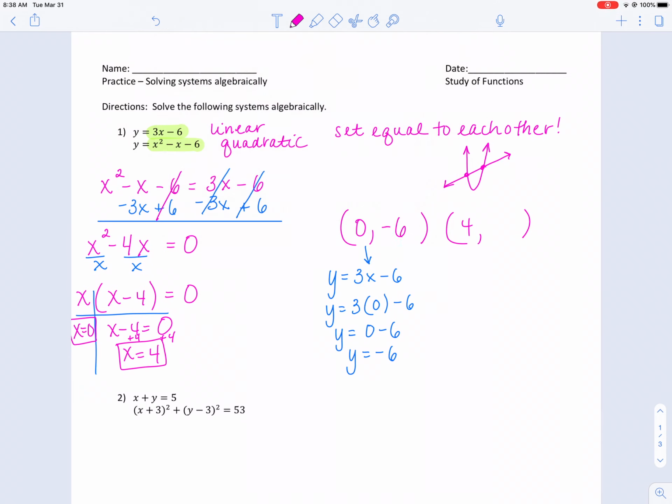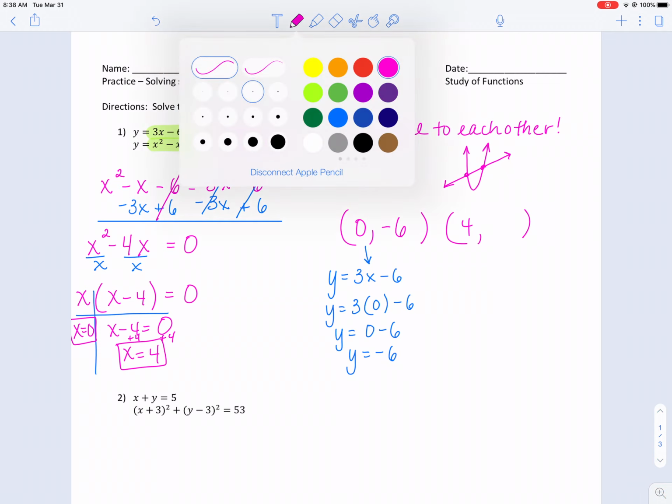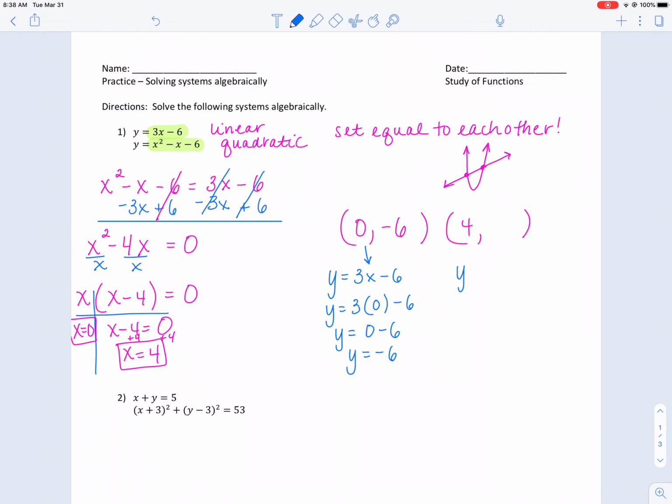We're going to do the same thing for when x is 4. Take that same linear equation and plug in 4 for x. So 3 times 4 minus 6 is 12 minus 6, which is 6. So that means (4, 6) is your other point of intersection.